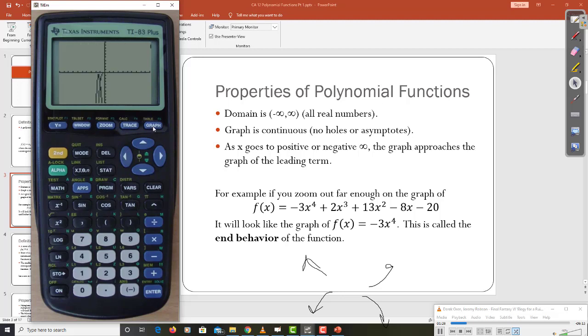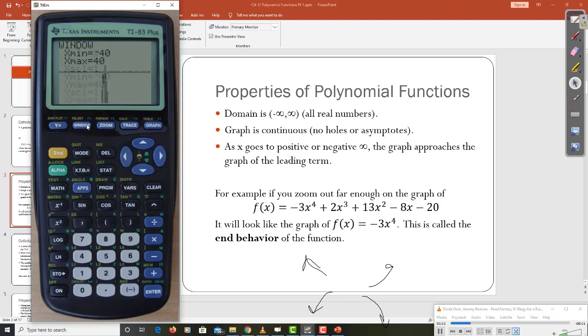They don't look that much alike in this area, but let's zoom out. This is just negative 10 to 10. Already, it's kind of hard to tell them apart.